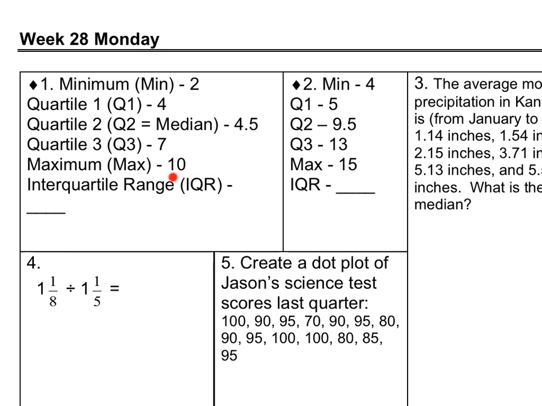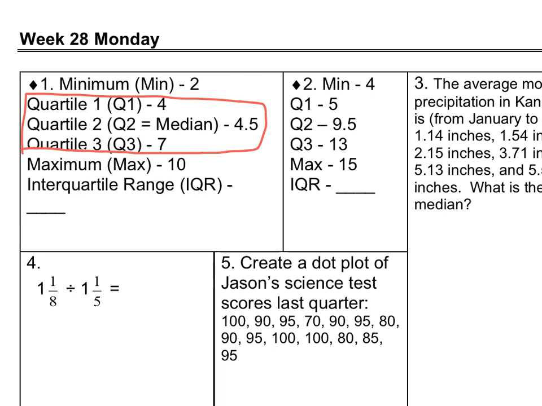So to find the interquartile range, all right, range is greatest minus minimum, right? But we're going to focus only within, hence the term interquartile range. So we're going to stay within that red box.